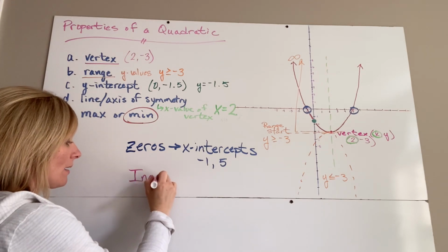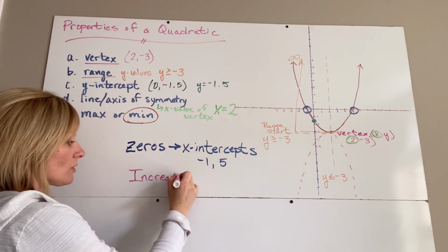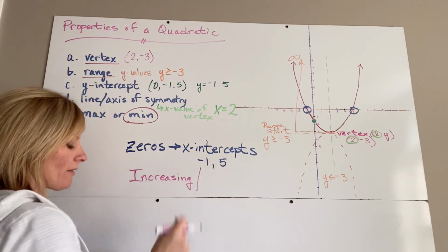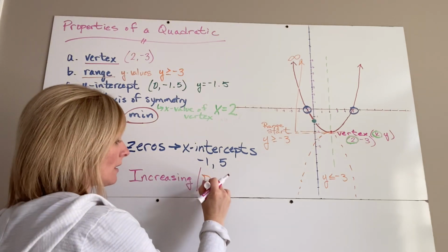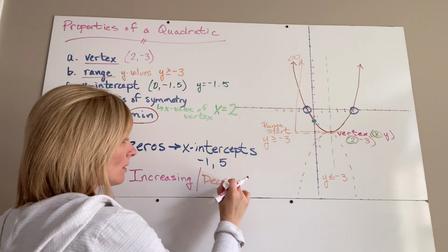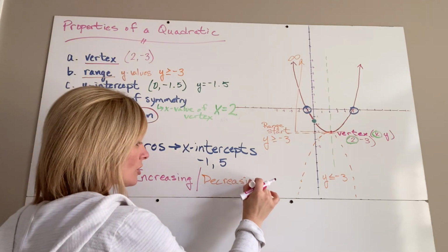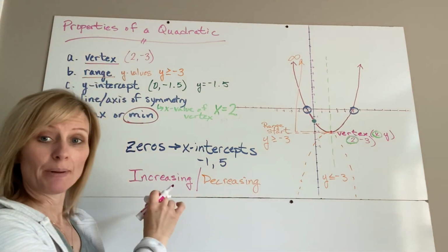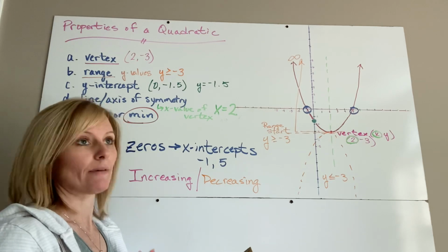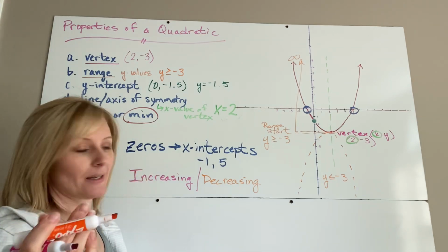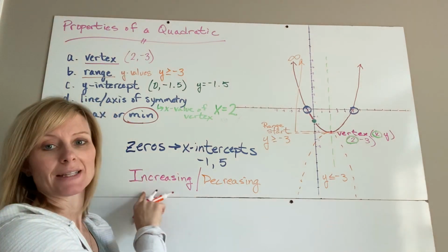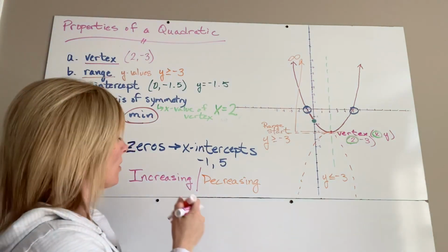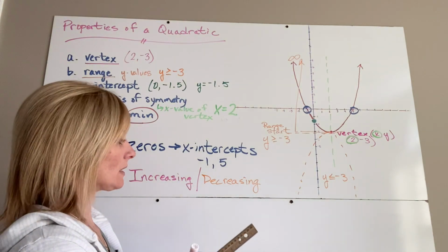Pink is what I'm going to use for increasing. So I'm going to make note of that. And for decreasing, I'm going to use orange. So I'm making note of that in pink and orange. You don't have to type out pink is increasing, because I wrote it in pink, so I can figure it out.